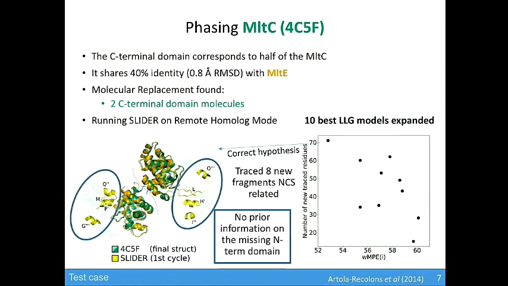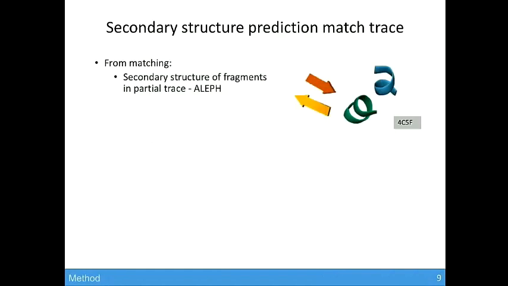So our next step was to try to improve this trace by modeling the sidechains again. Since we don't have prior information on this missing N-terminal domain, we don't have the original sequence that we had in the remote LMTC structure, the C-terminal domain. So we developed a strategy that would match the secondary structure prediction on the sequence and the trace.